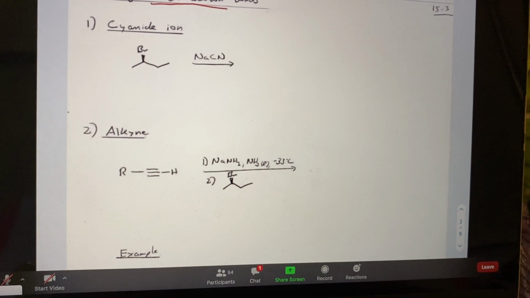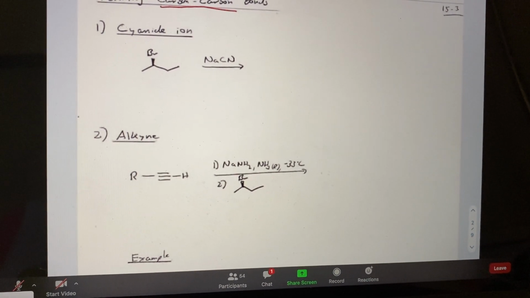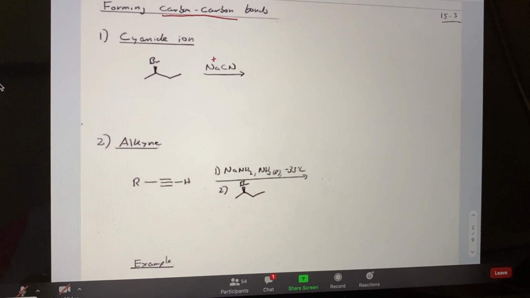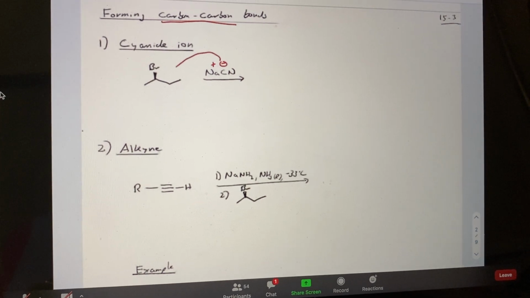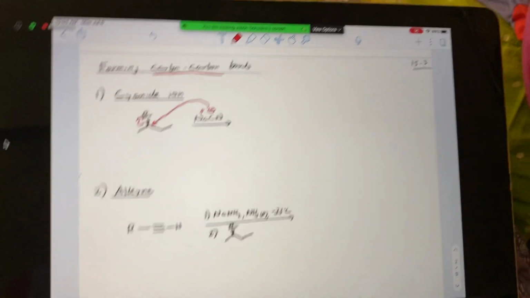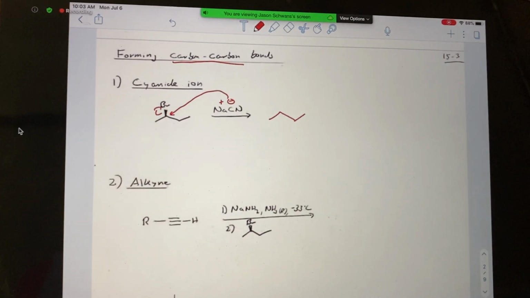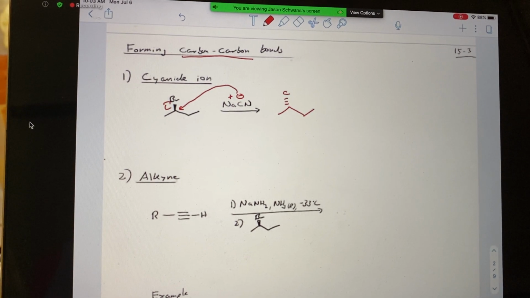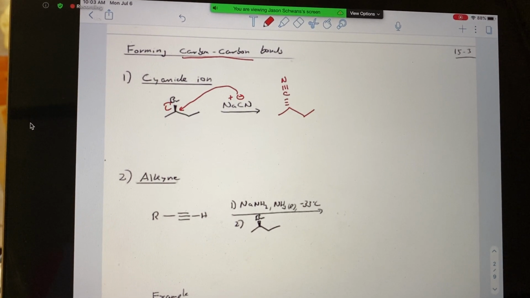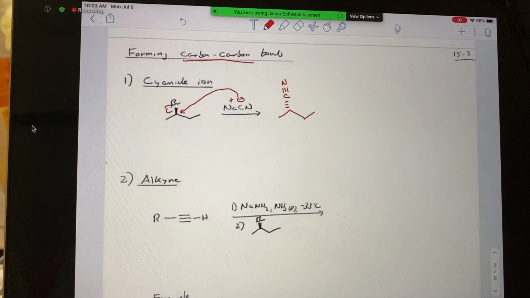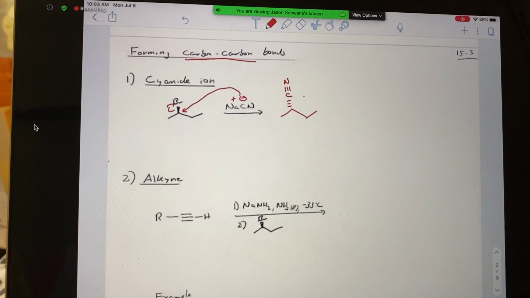One of the simplest would be to take a cyanide ion. So this is Na+, this is CN-, a classic SN2 reaction. Let's kick out that bromide, and we'll just write it like this so we can see the cyano group. And we formed a new carbon-carbon bond here.